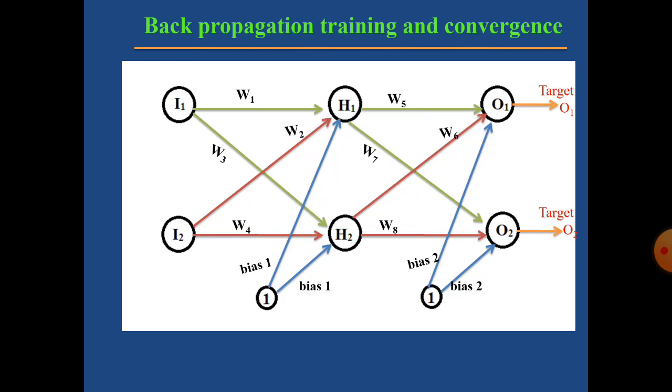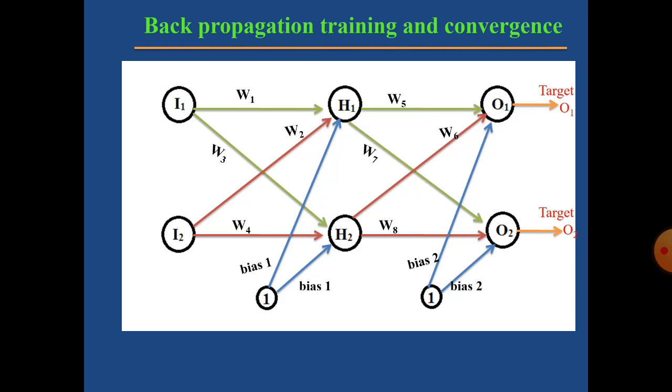We keep on adjusting the weights until the output O1 is the same as target O1 and out O2 is the same as target O2. We fine tune the weights to reduce the error, and we make the model reliable by reducing the error rate.